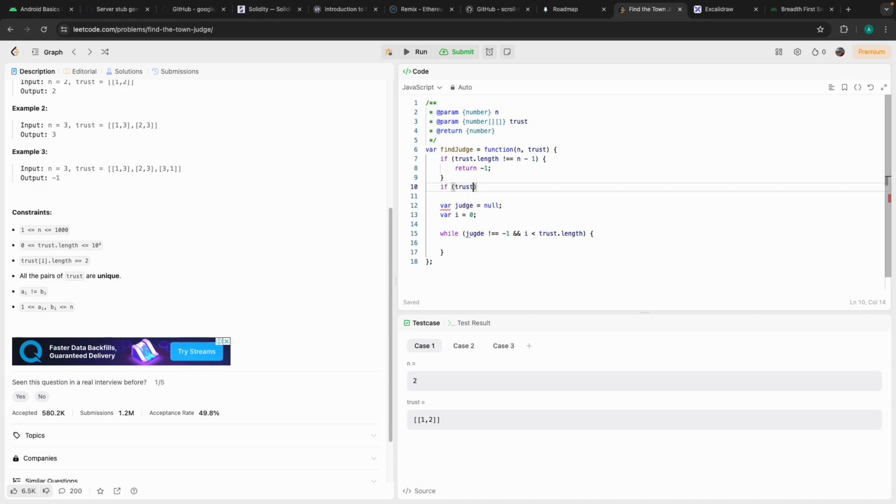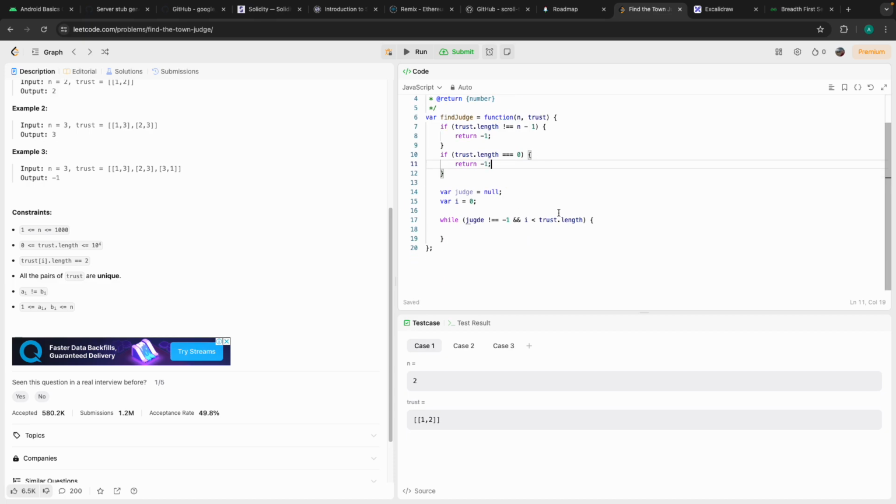If trust length equals 0, return minus 1, we don't have any person, so the initial is 1 and judge is trust 0 1.